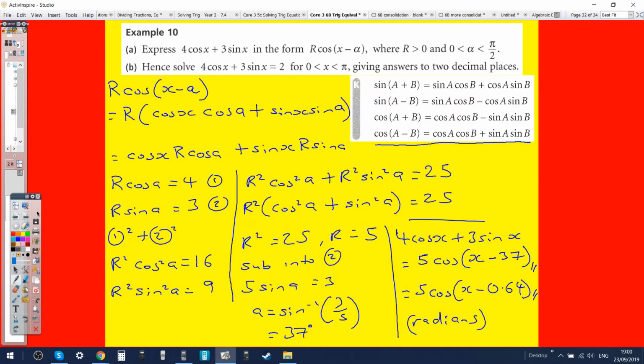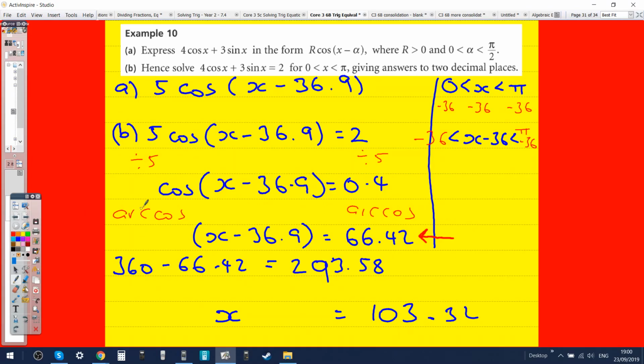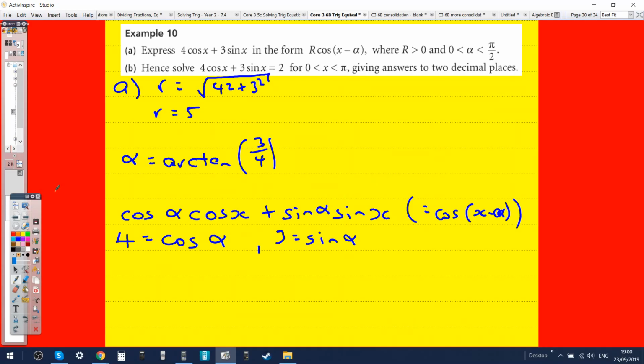Yeah, and so that's the point of these, that it's in a form that you can solve. You first put it into the form of r cos(x minus alpha), and then you use that new form.